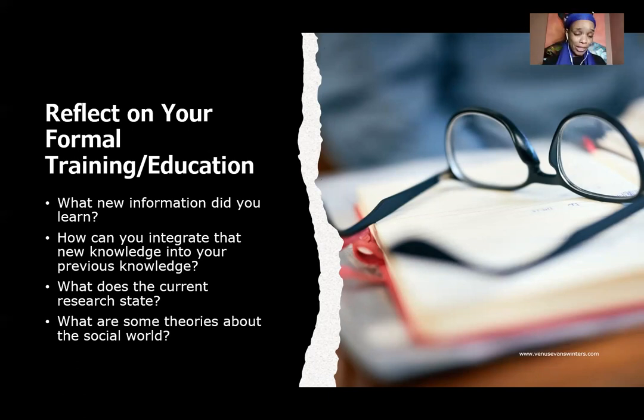What information that was new to you may you want to explore more? Next, in your journal, reflect on this question: how can you integrate that new knowledge, meaning something that you just learned, with any previous knowledge, something you already knew or something that you were already introduced to? Okay.